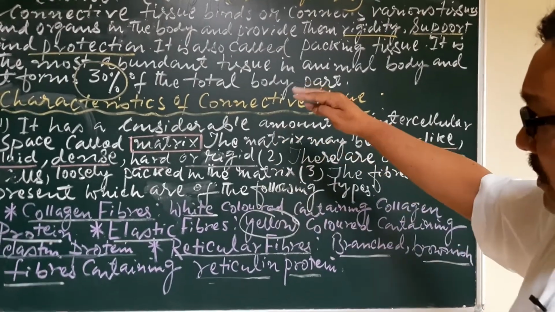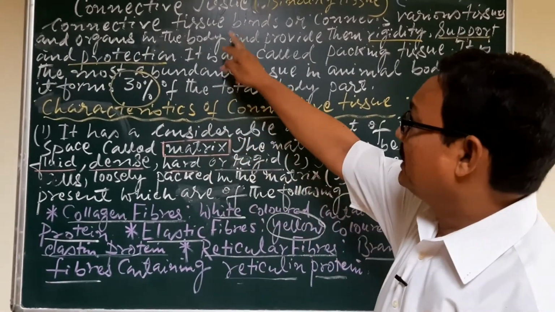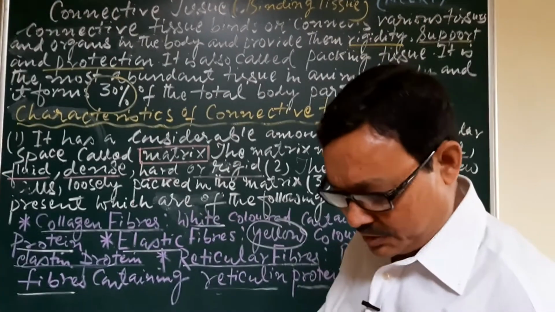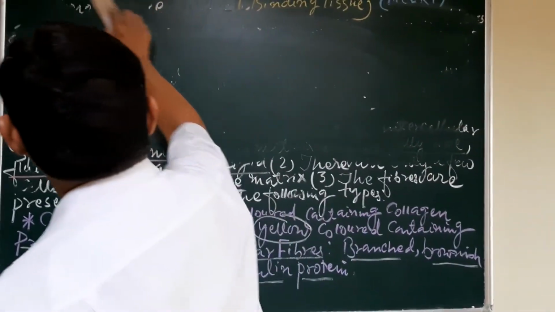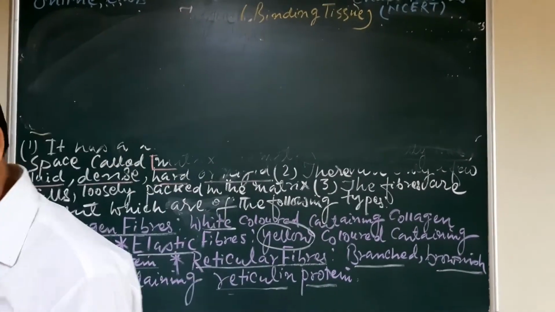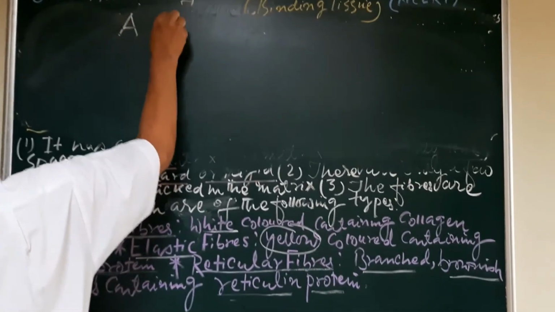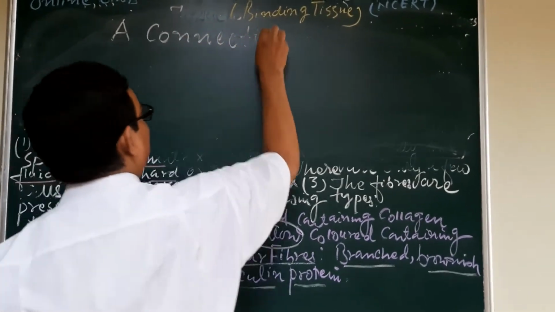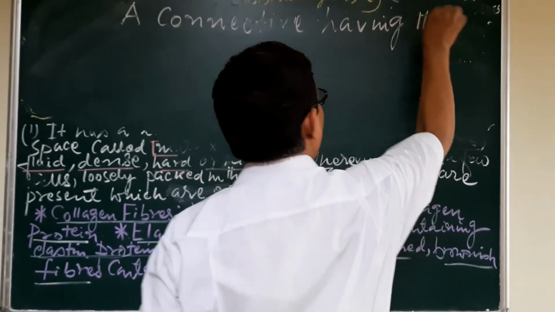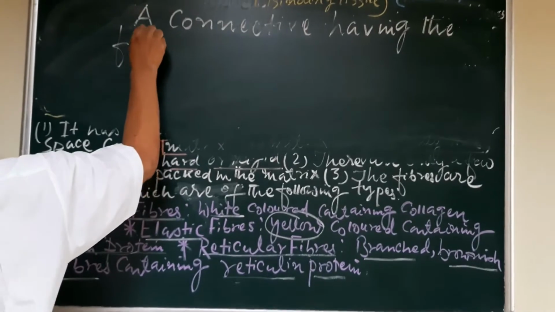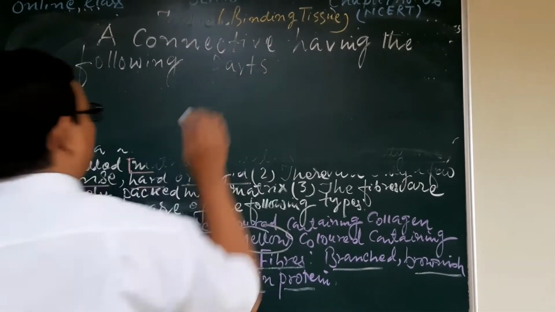Now, after the characteristic features, one more important thing is that the connective tissue is composed of the following parts. Let us summarize. What are those parts?